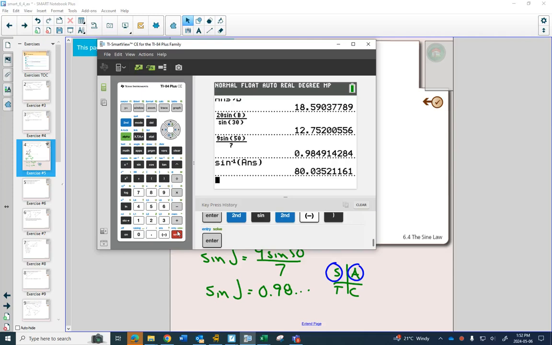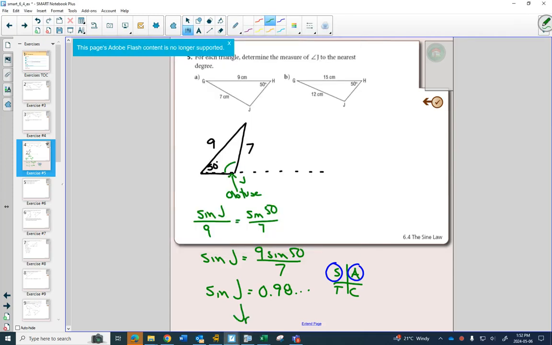Because your reference angle is 80 degrees, and this is obtuse, so it would equal 100 degrees.